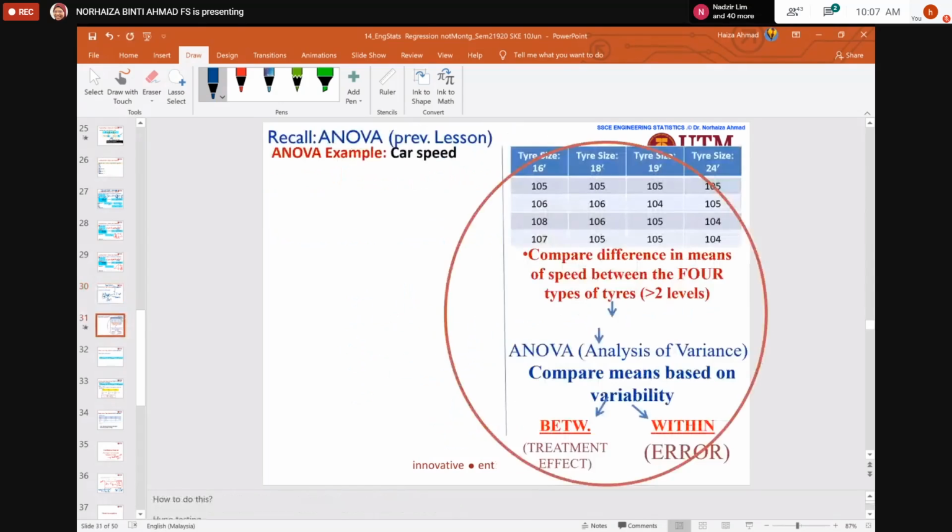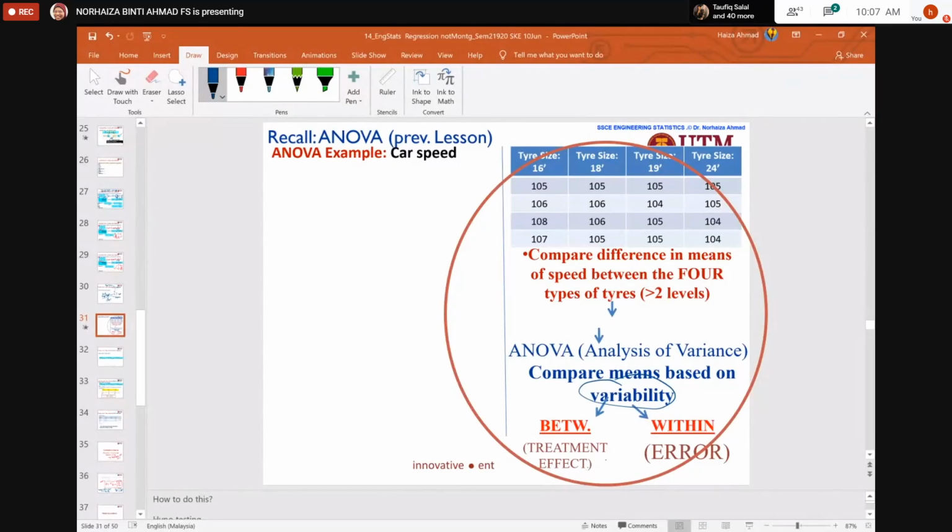Remember when we did ANOVA, the idea of ANOVA is you want to compare whether there is any difference between the population means, based on variance. How do we do this? What we do is look at the variability of your data from two perspectives. One is the effect of the treatment and the other is within treatment.